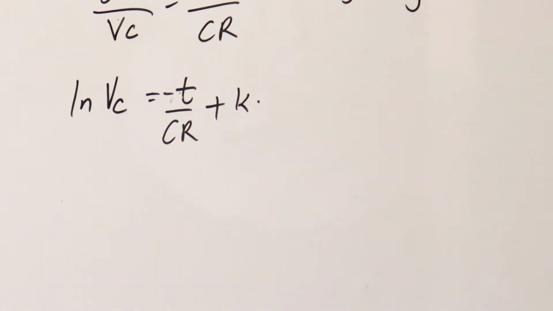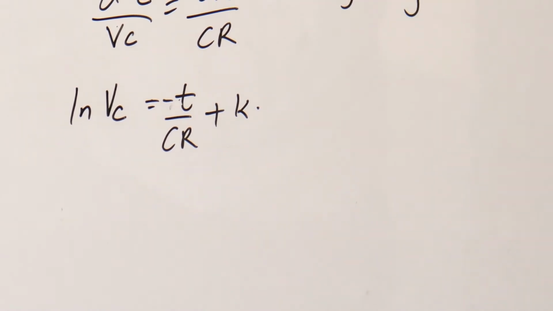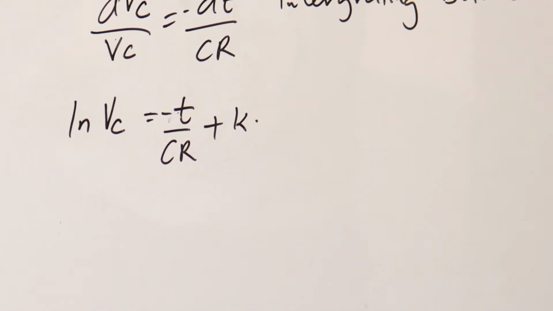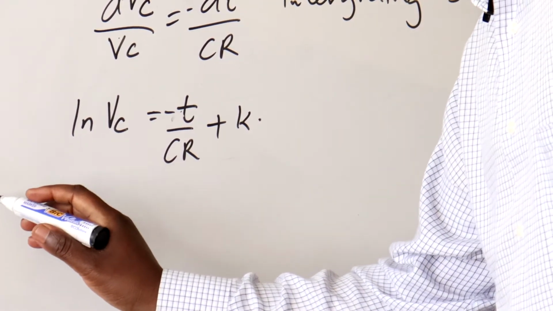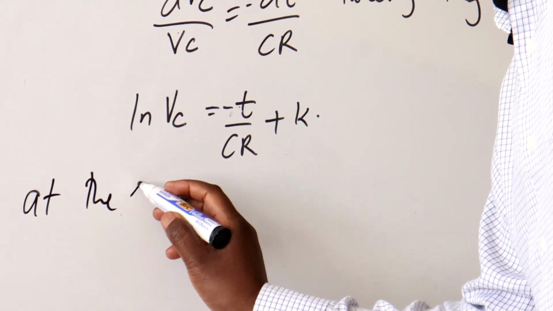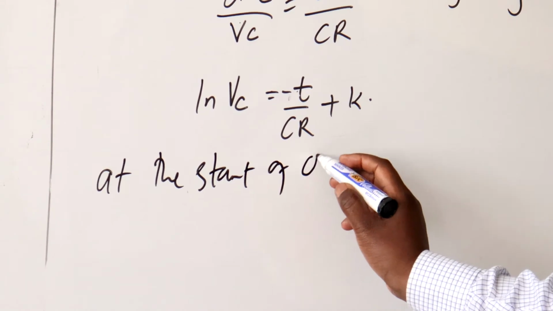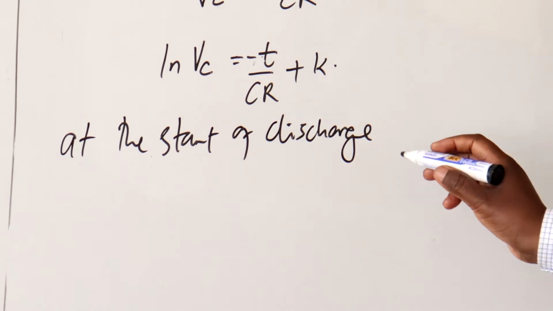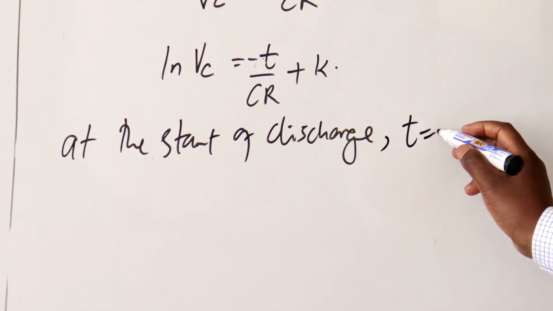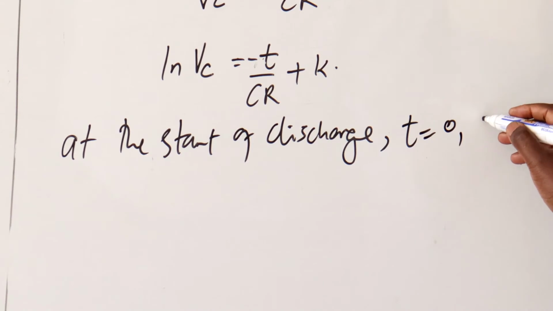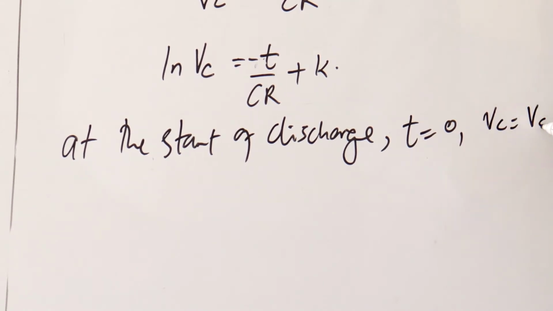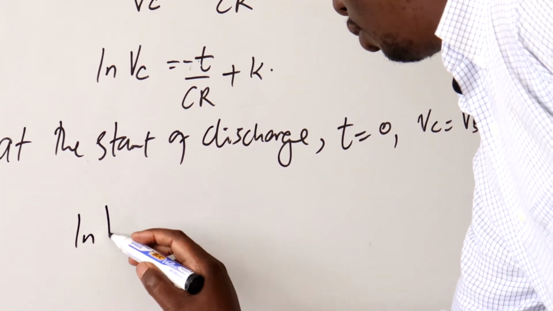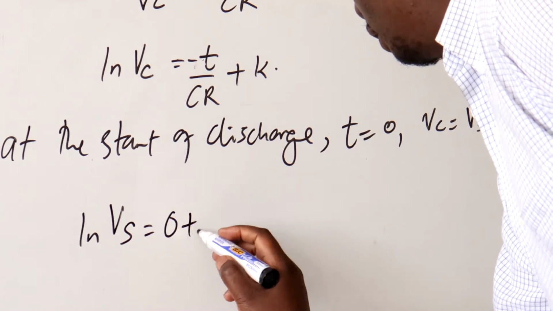Then from there, we are going to replace at the time of discharge. At the start of discharge, t is supposed to be 0 and VC is supposed to be Vs. That means that ln of Vs is supposed to be 0 plus a constant.